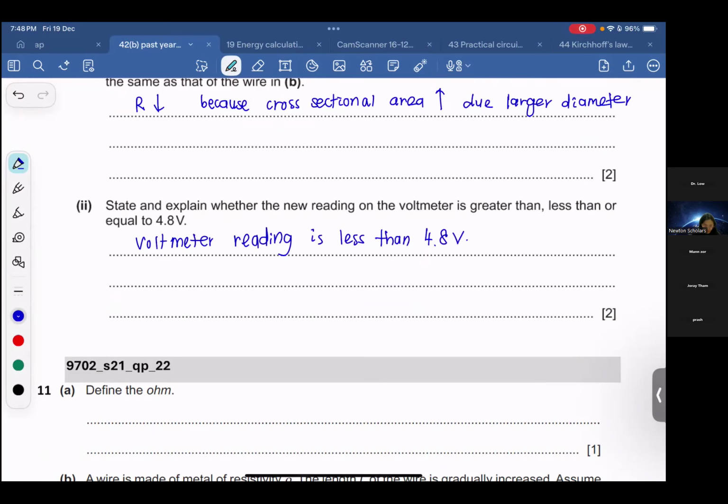Why? It's because the heater resistance decreases, so it has a smaller share of the total voltage.